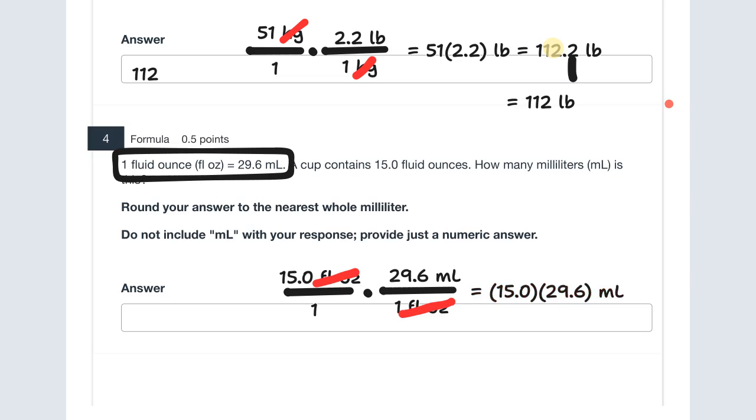So 15.0 times 29.6 is 444 milliliters. The directions are round to the nearest whole milliliter. This already is to the whole milliliter, so there's no rounding that's necessary, just 444 in the answer box.